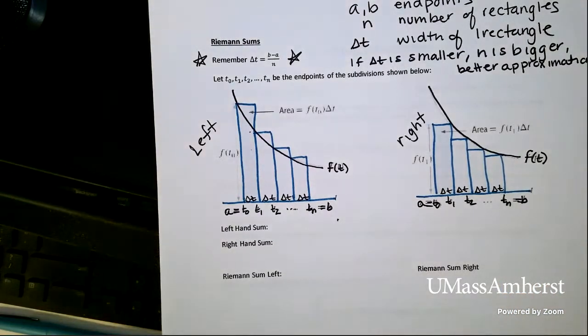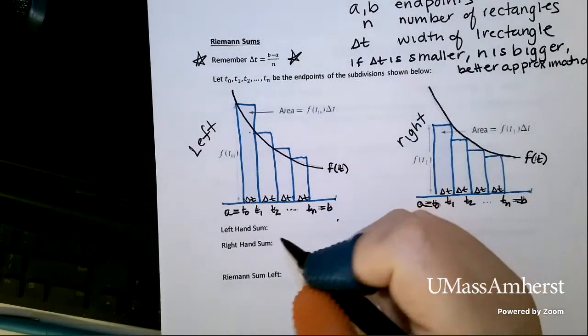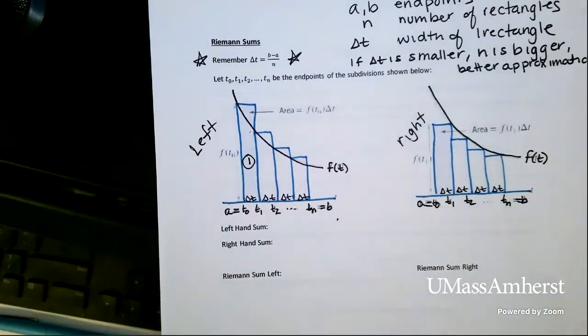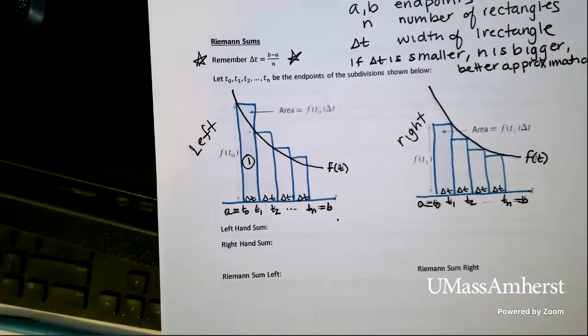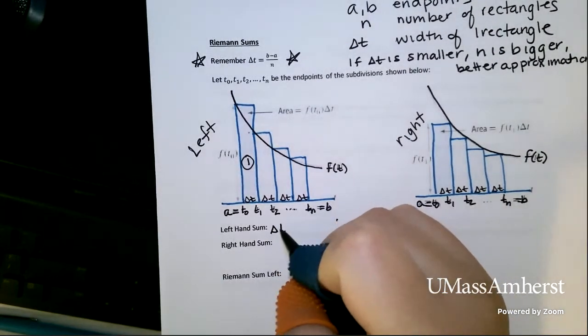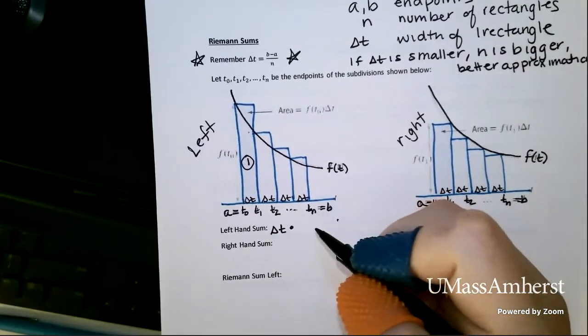Okay, so how do we write this a little more generically? Well, let's start with the left-hand sum. Okay, so let's just focus on this first rectangle. And so the area of this rectangle is width times height. The width of every rectangle is delta t times the height.